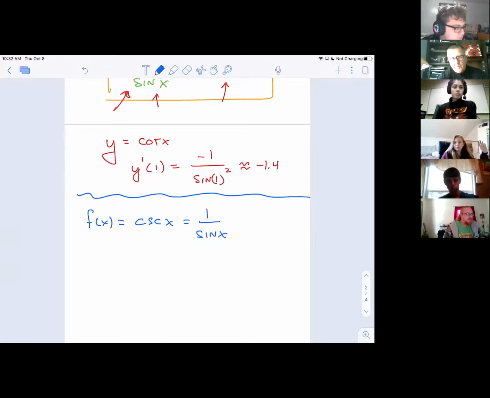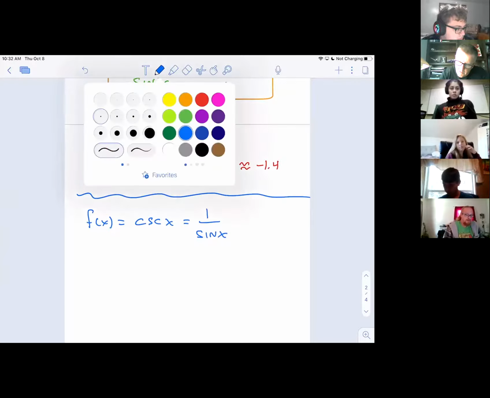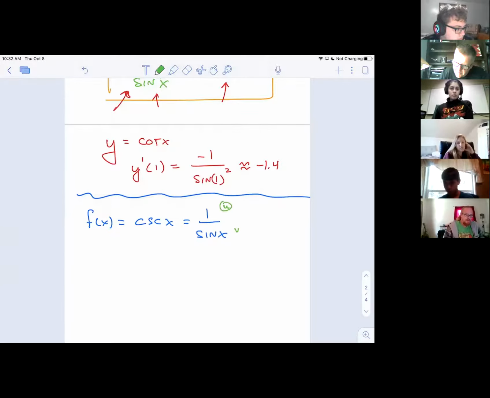This is the quotient rule. Now you may argue I can move the negative sign to the top. That's true, but you don't want to do that right now. Just take my word for it. I'm just going to use the quotient rule. This is my u, this is my v.